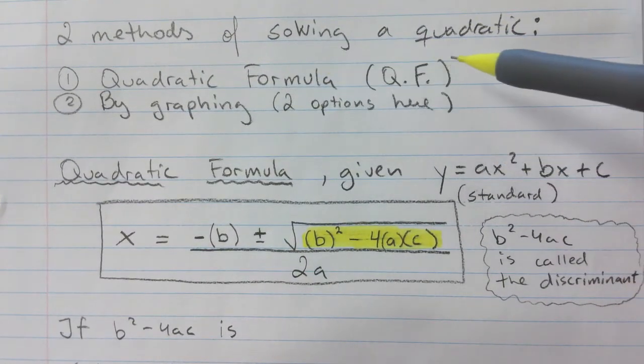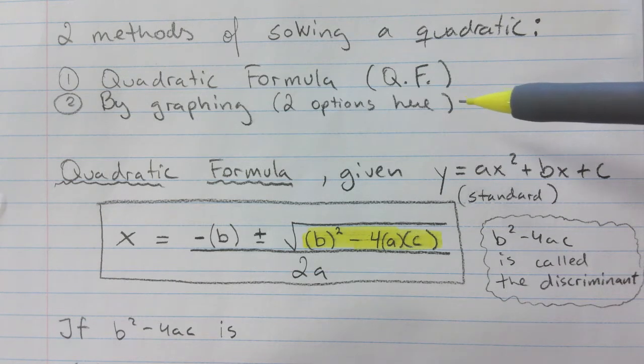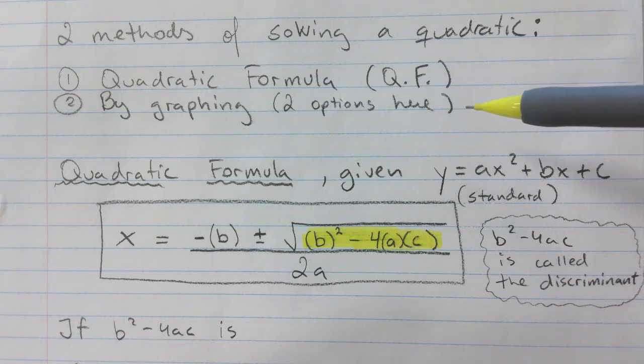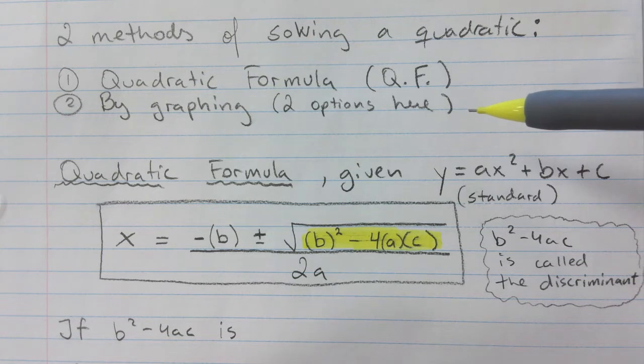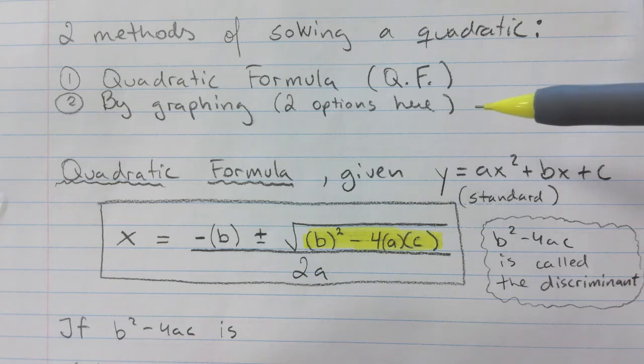There are two methods of solving quadratics. There is actually a third one, which is factoring. Don't you love factoring from IPR? You remember factoring? You probably hated it, right? You're not going to have to factor.